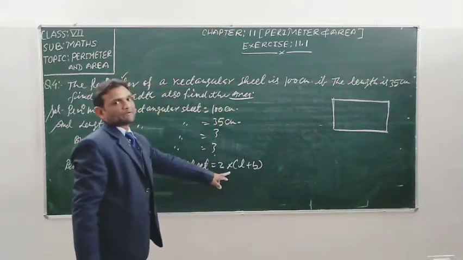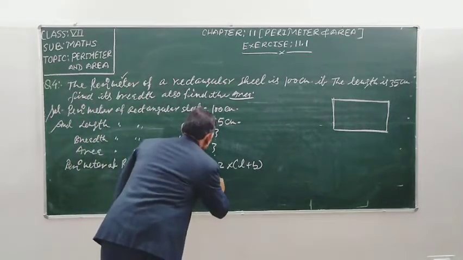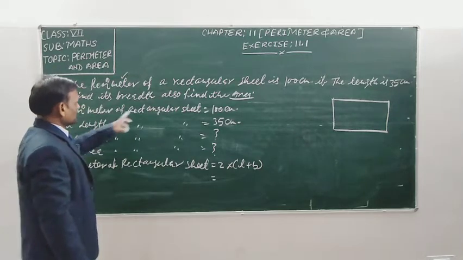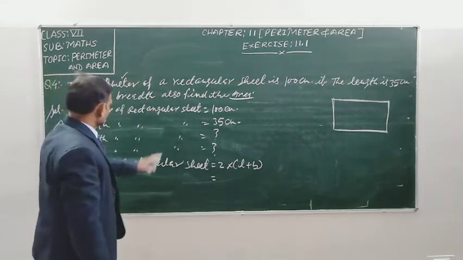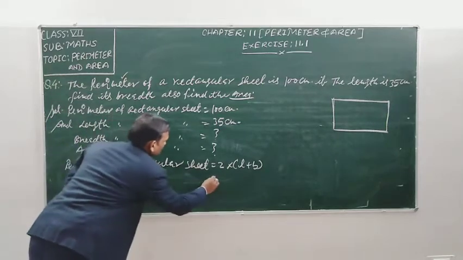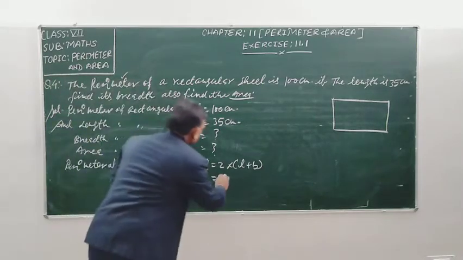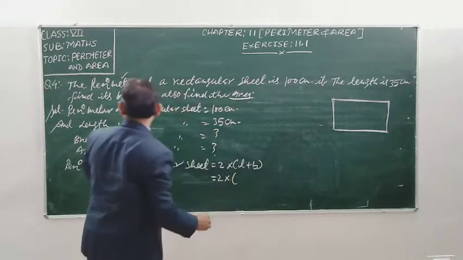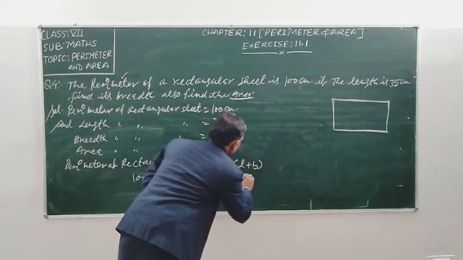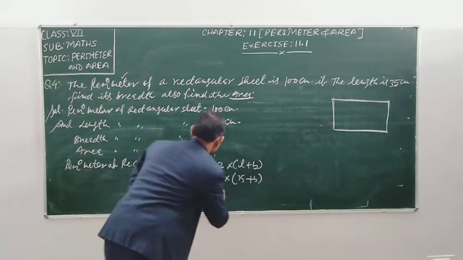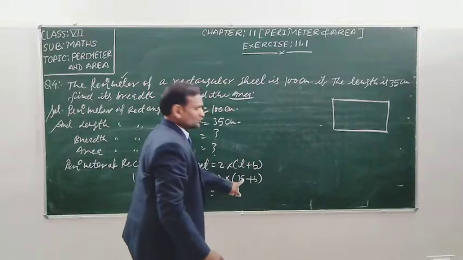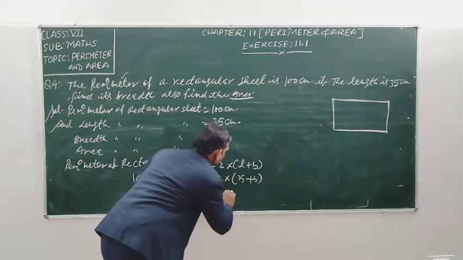You know, this is the formula. So put the given values, length is given and perimeter is given. So we write 100 in place of perimeter. 100 is equal to 2 into (length is 35 centimeter) (35 plus breadth).